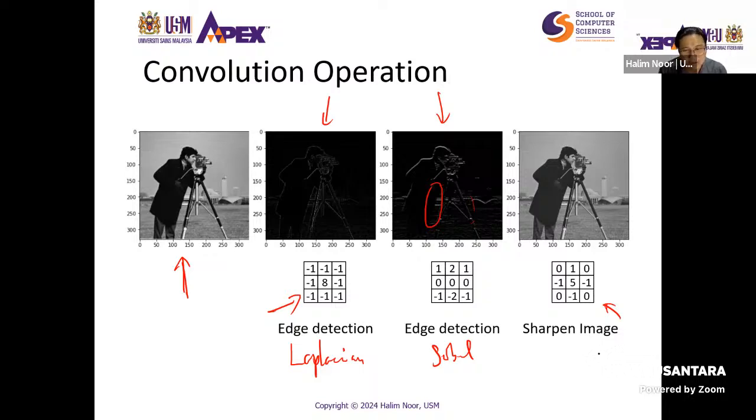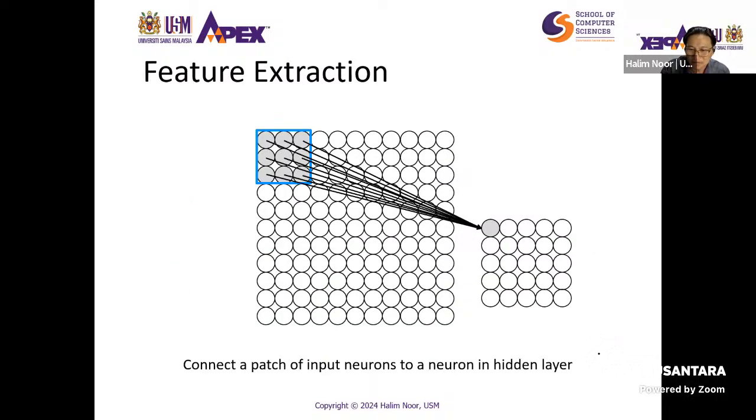Now, using the same principle, let us translate it to feature extraction using convolution in neural networks.